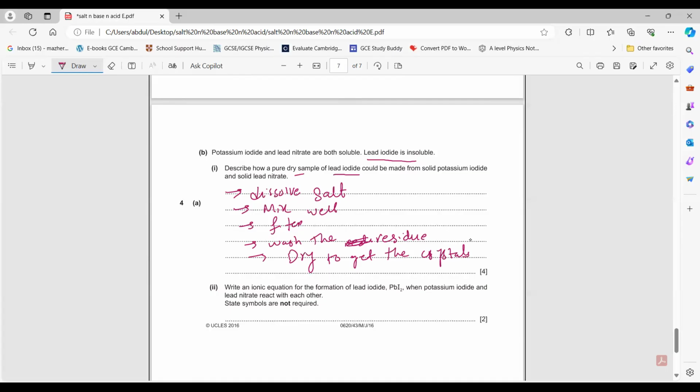Write an equation for the formation of lead iodide when potassium iodide and lead nitrate react. Displacement reaction देना है हम लोगों को.